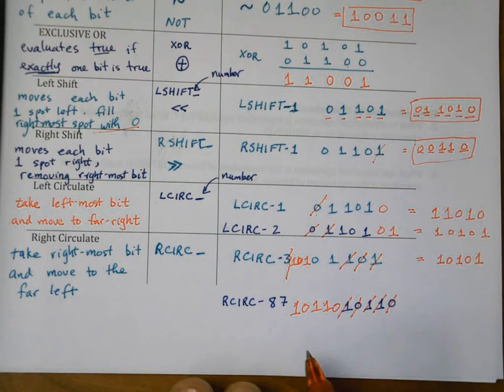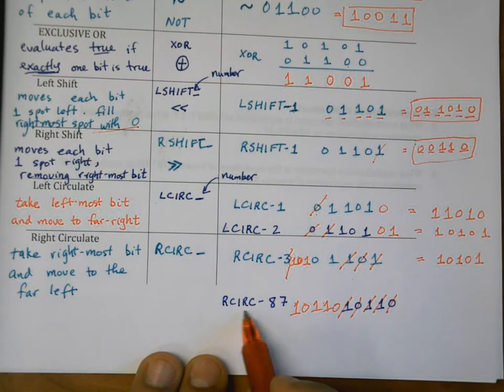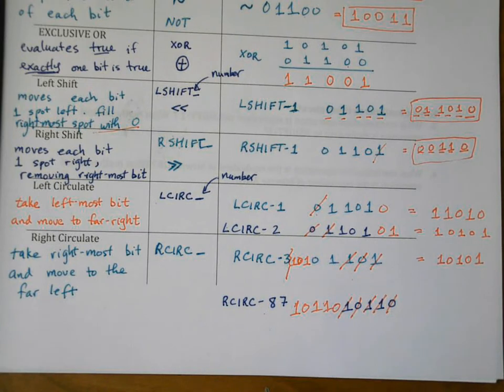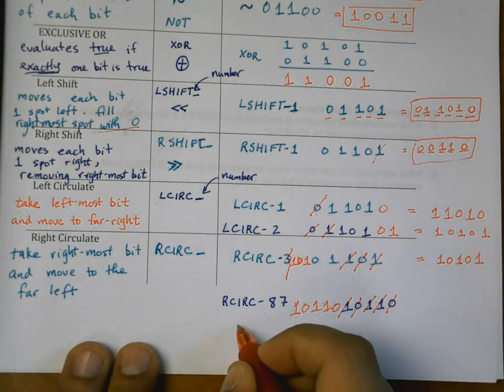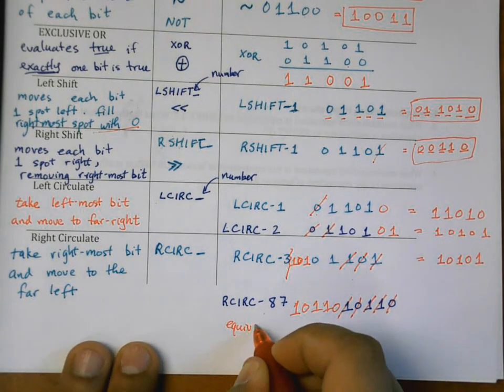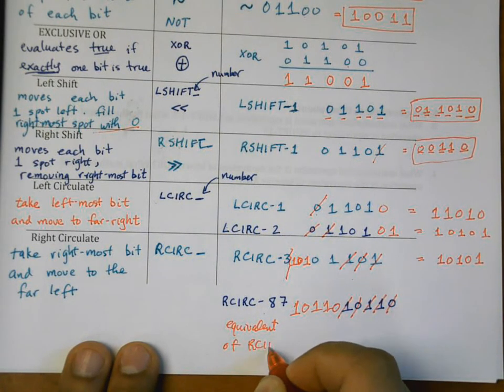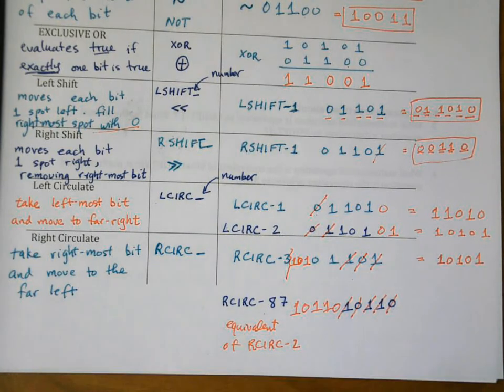So, if we were to perform R circ 87 times, after 85 times, because that's a multiple of 5, we end up where we started. And so this is the equivalent of R circ 2.